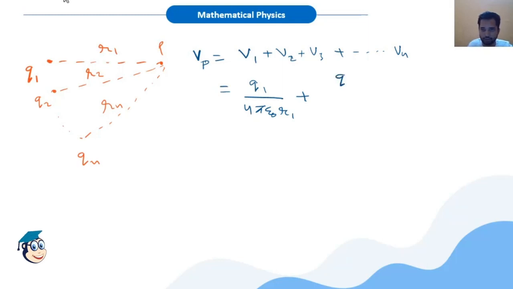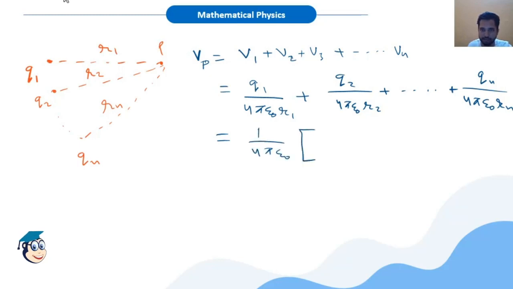Similarly, Q2 divided by 4 pi epsilon naught R2, and up to Qn divided by 4 pi epsilon naught Rn. Or you can simply take the constant 1 over 4 pi epsilon naught common, since it is in all the terms, so you can write q1 over r1 plus q2 over r2 plus up to qn over rn.